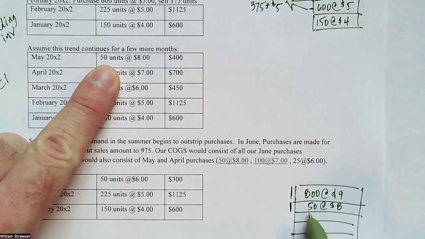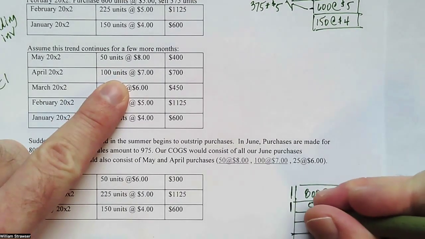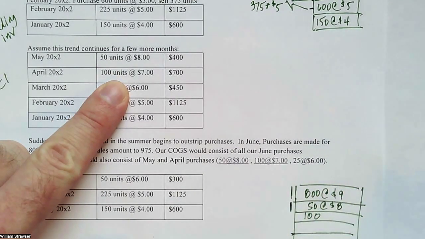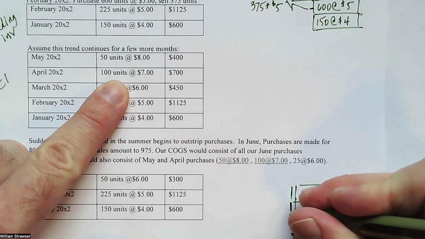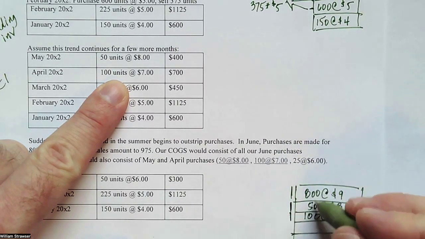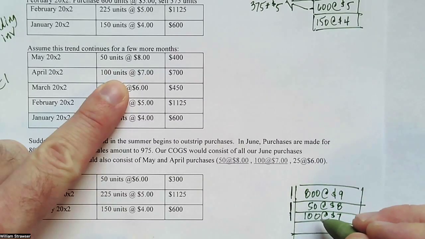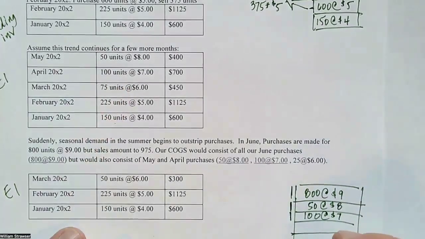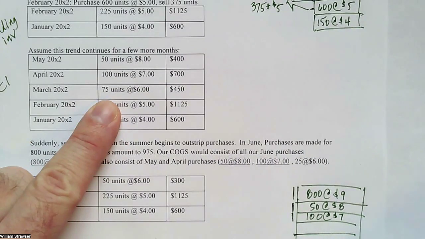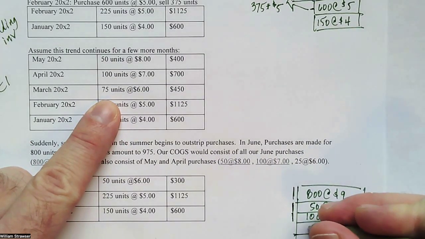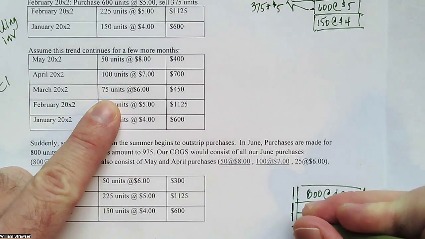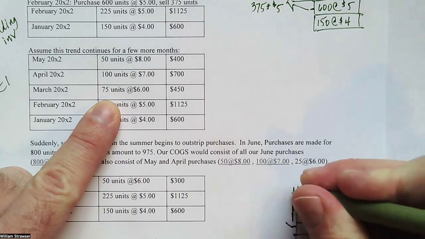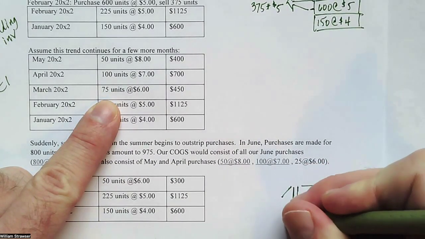I still need 125. The next layer is 100 at 7. That one gets eaten through. Altogether, that's 950 units. I need an extra 25 units. Well, then the March layer is 75, and I'm going to use 25 of those, so maybe like a third of the way down. Then all of that becomes my cost of goods sold.